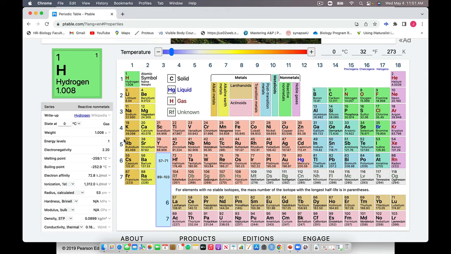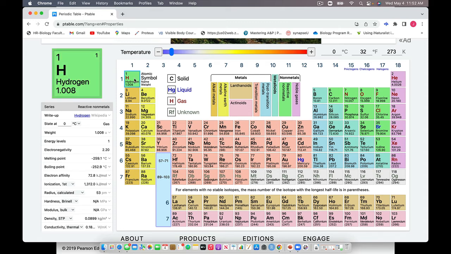These different levels, 1, 2, 3, 4, 5, 6, 7, represent different levels of electron shells. And so we can see in lithium, this first electron shell is filled with 2 electrons, and then we've got 1 electron in this outer shell. And then beryllium has 2 electrons in that full inner shell and 2 electrons in the outer shell.